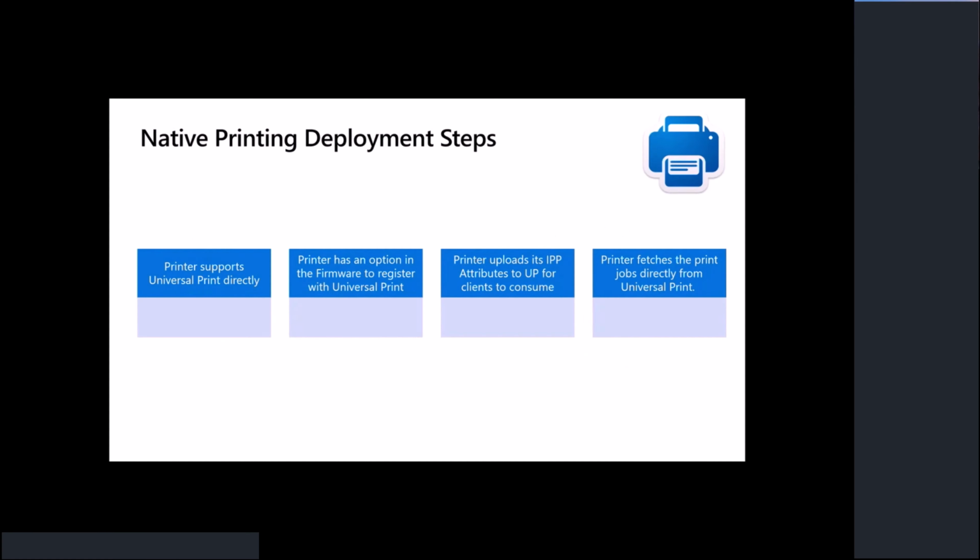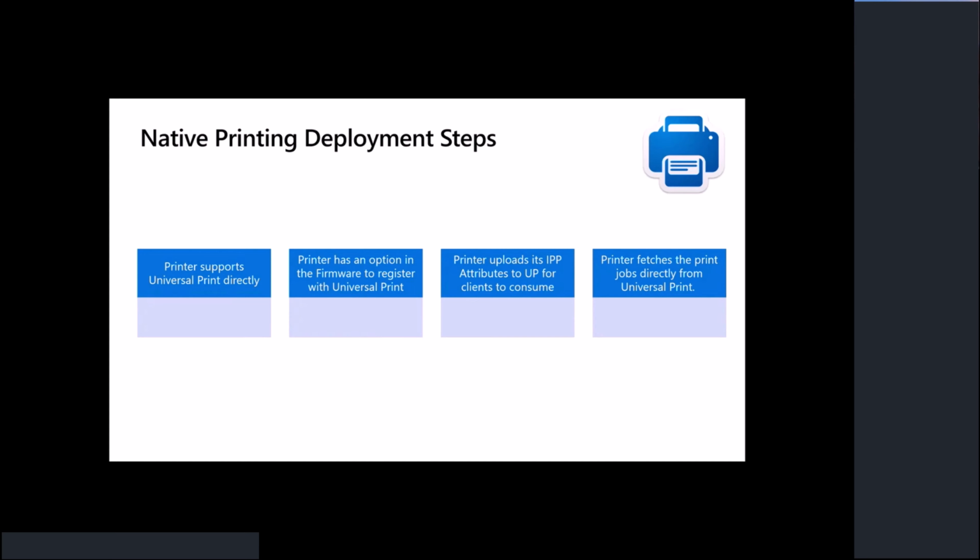So what's going to happen is usually on the firmware of your printer, there's usually an option for Universal Print. You put in your global admin account. Usually the first one has to be a global admin because there's an Azure app that's going to be installed, which handles all of the Universal Print stuff on behalf of the printer up in Azure.